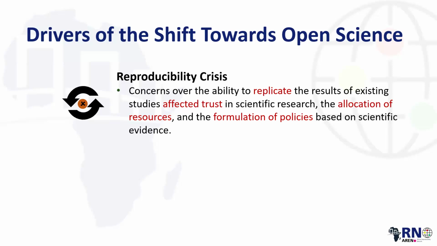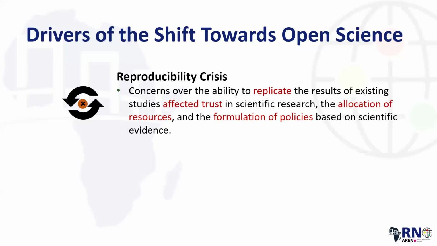This means that the science that is reported is not reproducible. And this is, of course, very dangerous, because it affects the trust in scientific research. Scientific research is not just a publication. It usually leads to advice or outcomes that come from these studies.